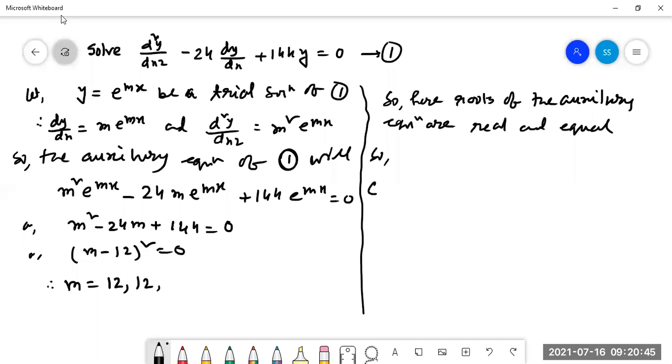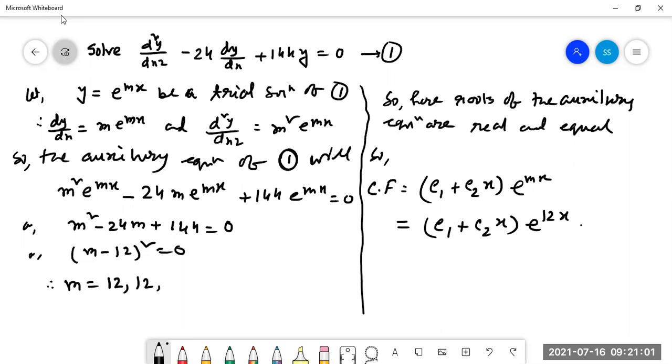So CF equal to (C1 plus C2x) into e to the power mx. Here m equal to 12. So CF equal to (C1 plus C2x) into e to the power 12x. This is the result. Is it understood? Yes, sir.